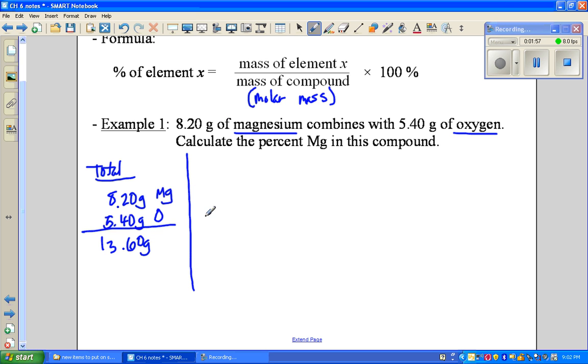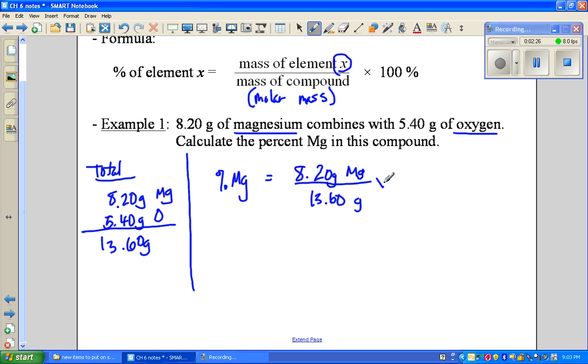Now in this case, you can see I'm not finding molar mass. I'll show you one with molar mass on the next example. So it says, what is the percent magnesium? My percent magnesium is my mass of element X, because that's what I'm trying to find. So I take the mass of that magnesium, which is 8.20 grams, over my total, 13.60 grams.